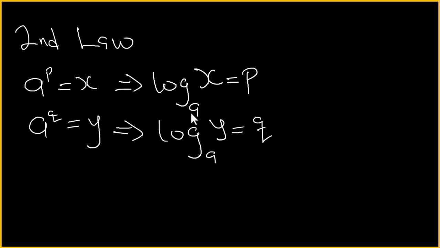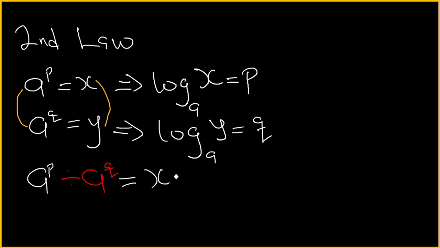So from the quotient law, the operational sign between these two index forms would be division, similar to their result. a raised to the power p dividing a raised to the power q equals x divided by y.